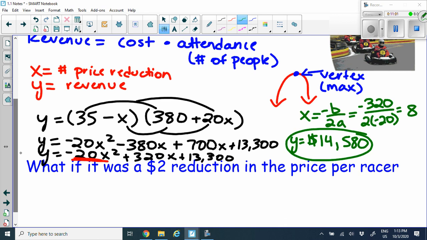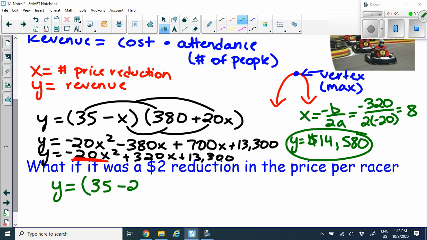Okay, our last part. What if there was a $2 reduction in the price per ticket? All I want you guys to do here is create that equation, kind of like what we did previously. Okay, so go ahead and pause the video, create that equation. Okay, we have a price reduction. So once again, we do cost, so it's still going to be $35, but we are doing a $2 reduction.